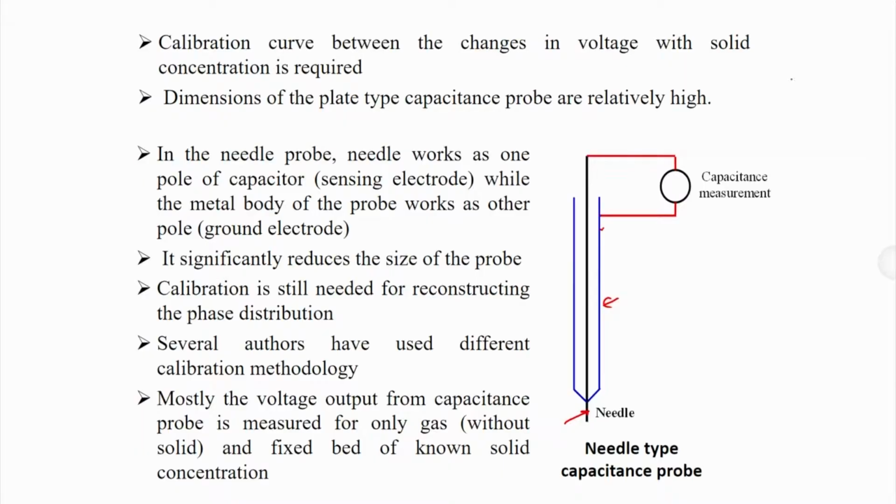Suppose I put 2 kg of solids in the fixed bed, and the 2 kg of solid has achieved a certain height in the bed. Now, I know the diameter, I know the height. So, I can calculate the volume occupied inside, and that will be nothing but pi by 4 d square into h. Now, I know the mass which I have provided, say 2 kg of solid.